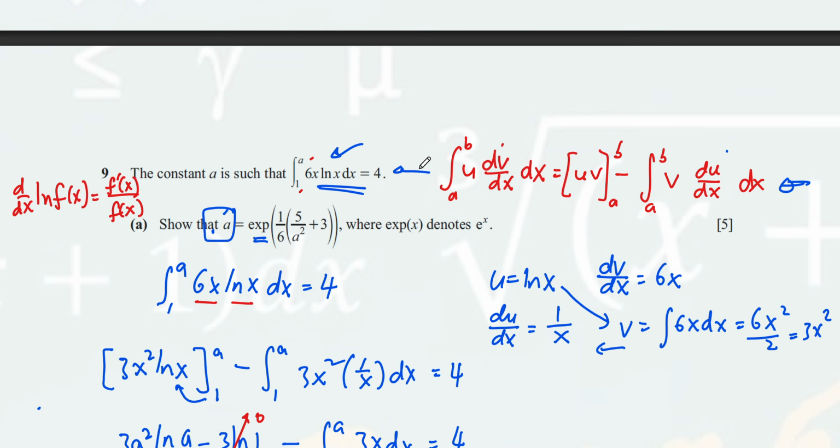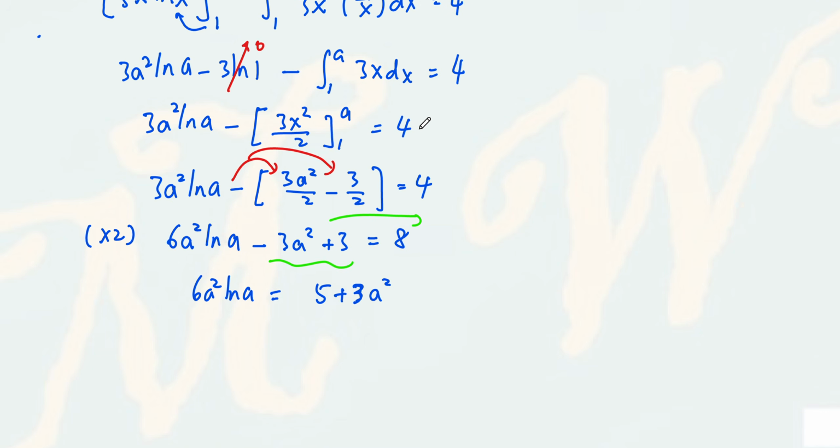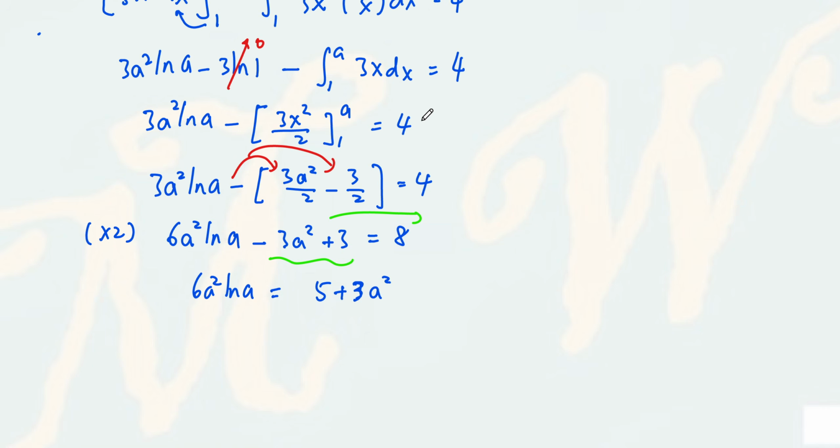Then here we need 5 as the first term, and you have a 1 over 6 here, or before that you have 5 over a squared. So I need to move down the 6a squared. So 5 plus 3a squared over 6a squared.